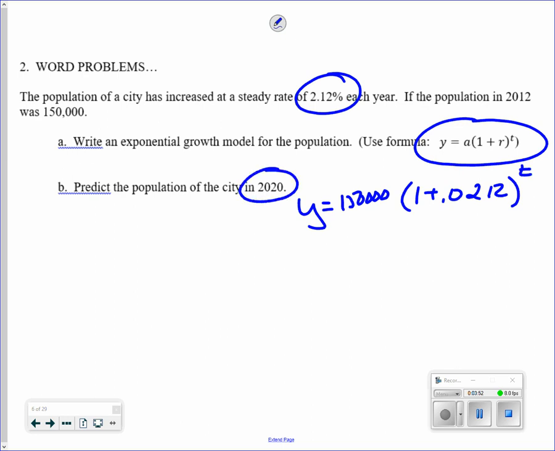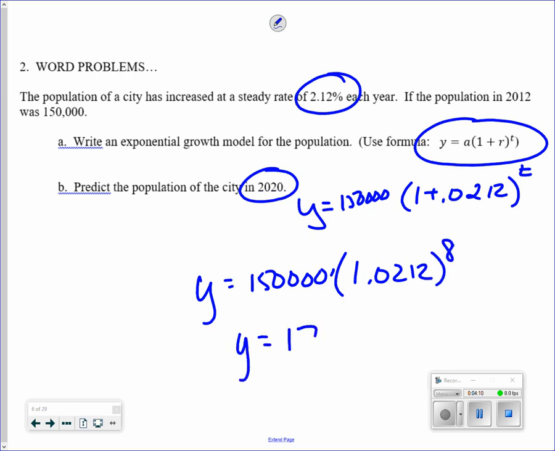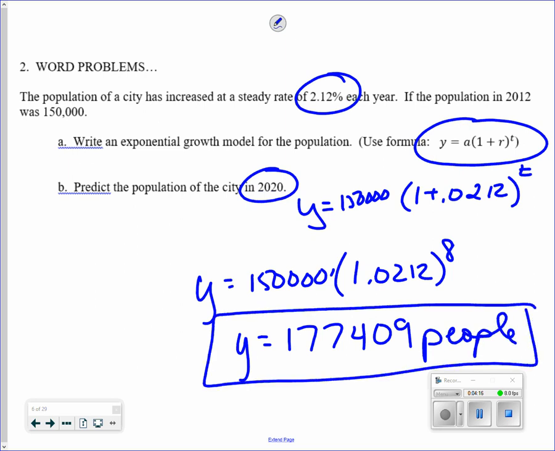Now they're asking for a specific year, and we're going to put 8. The reason you're going to put 8 is because it starts at 2012. So now 1.0212 raised to the 8. Using a calculator, I would get 177,409. Label people. Notice that I did round to the nearest person, ultimately because if we were estimating a population, we wouldn't have tenths of a person.